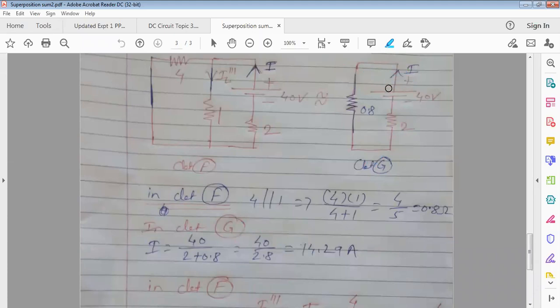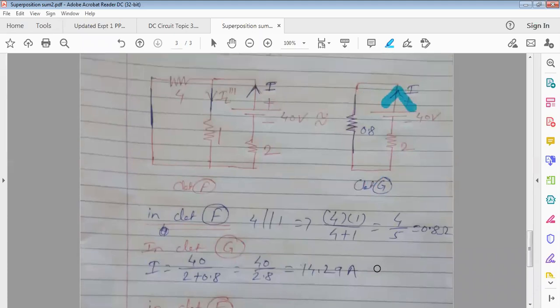Now we got the total current I. Is this the required current or is there a need to further simplify? You have to further simplify. Correct. Because this one will go back to the previous circuit. This total current we got is 14.29 ampere.